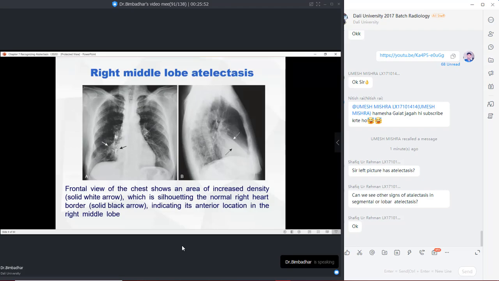So how do we actually recognize this? How can I differentiate if this is pneumonia or some kind of problem related to atelectasis? That is a very good question.